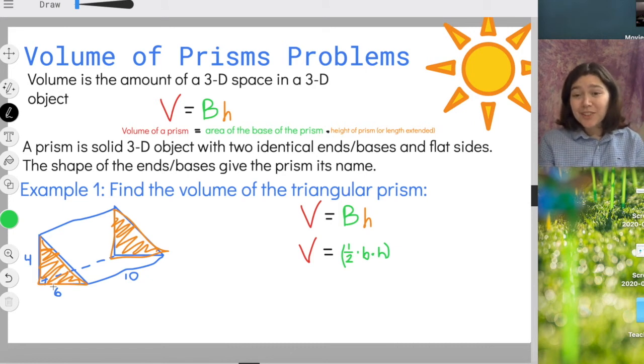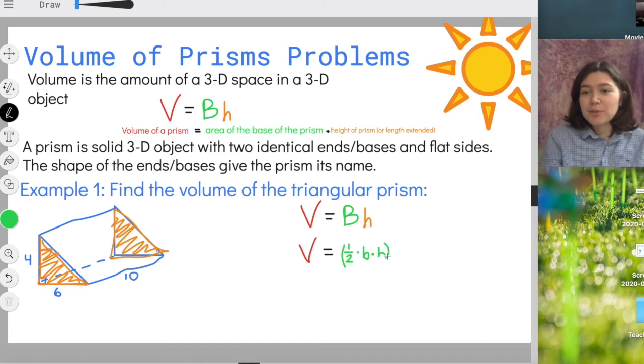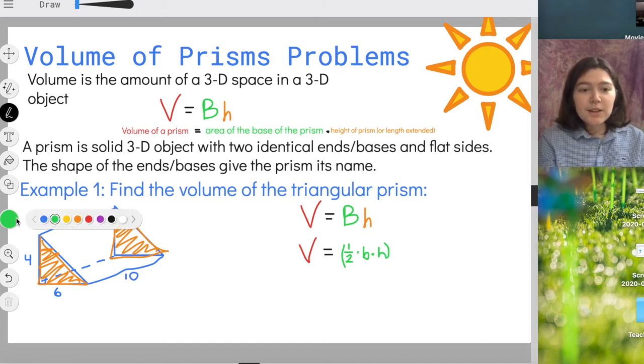And then you also have this height, which is talking about within the triangle, which is different than the height of the prism or the length extended. So it's confusing, but if you can look past the letters, I think the concept is what matters, and I think that's what normally works for people. And then I'm going to multiply again times the height of my entire prism.